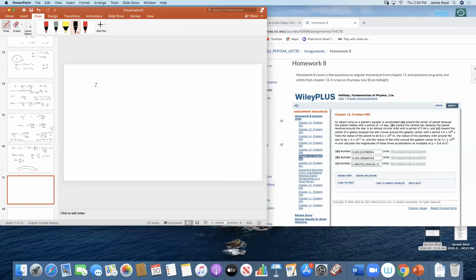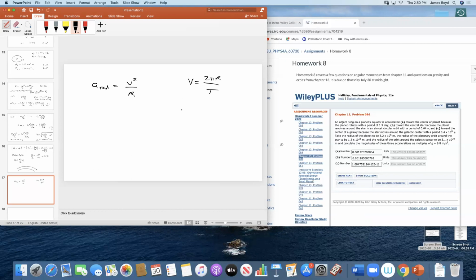So first of all, remember that a rad is v squared over r. We're assuming circular orbits, and circular orbits means that you're doing 2 pi r, the circumference, over the period.